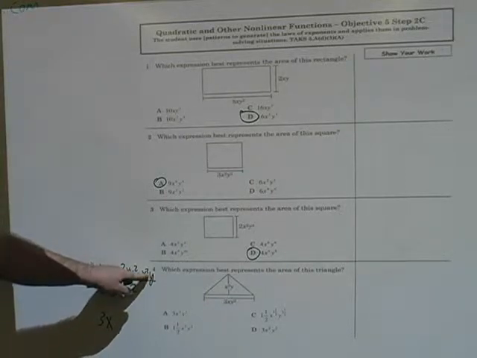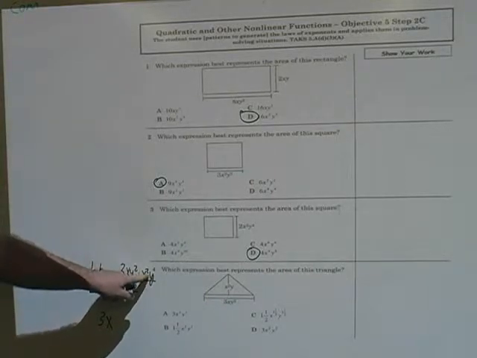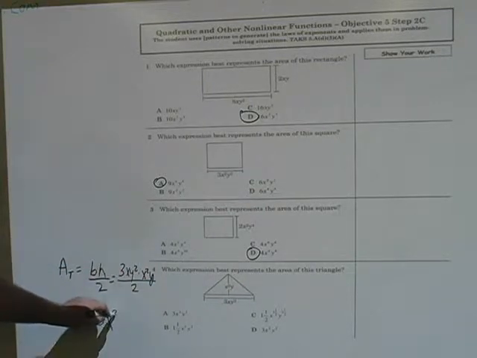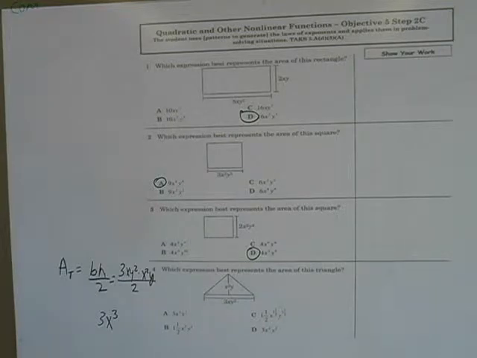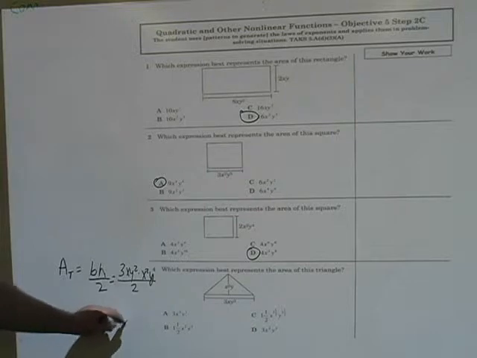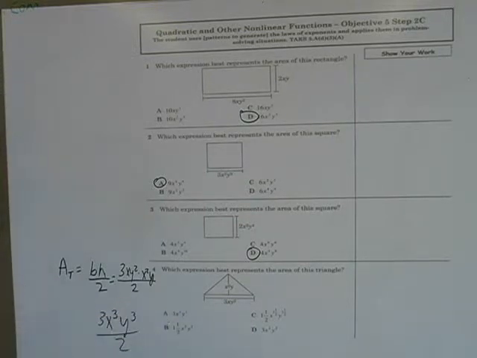Got two factors of x here and 1 factor of x here. Makes 3 factors of x. You add the exponents. y squared times y is y to the 3rd, and then that's over 2.